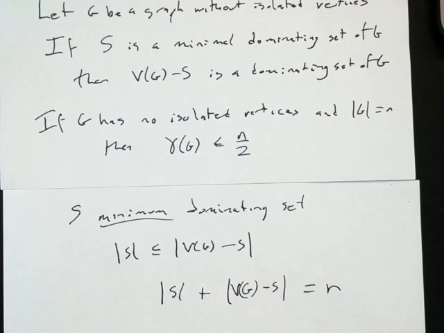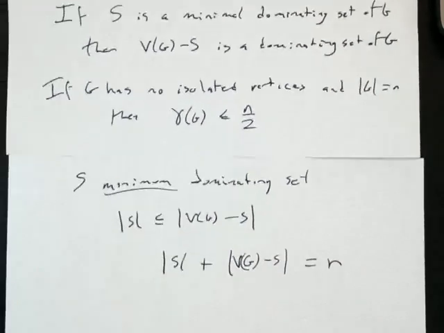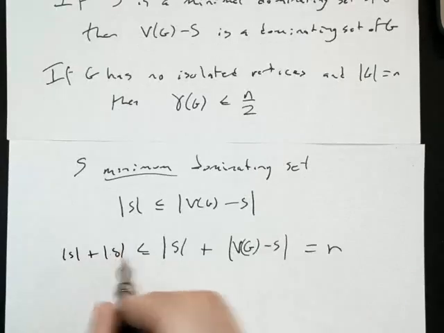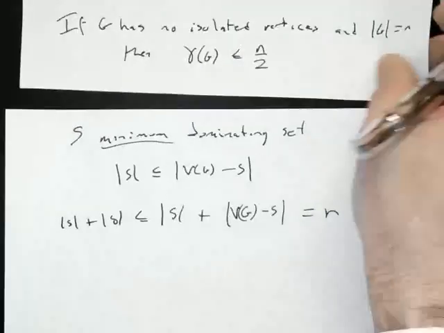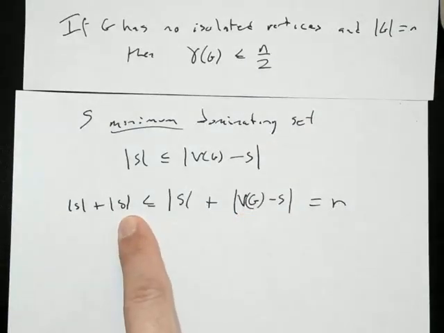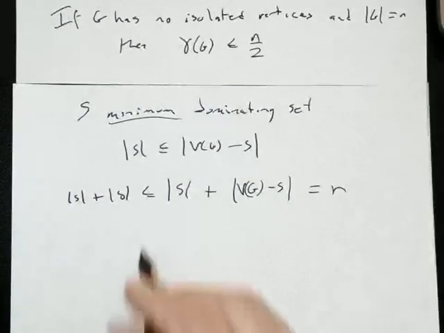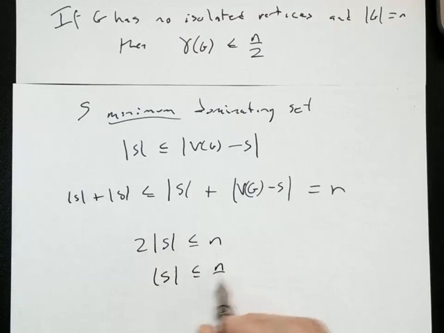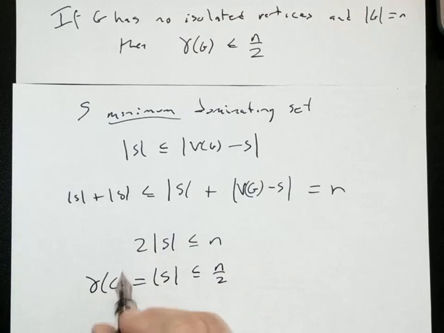But wait. Because S is a minimum dominating set, its size is exactly the domination number of G. All I had to do was count.